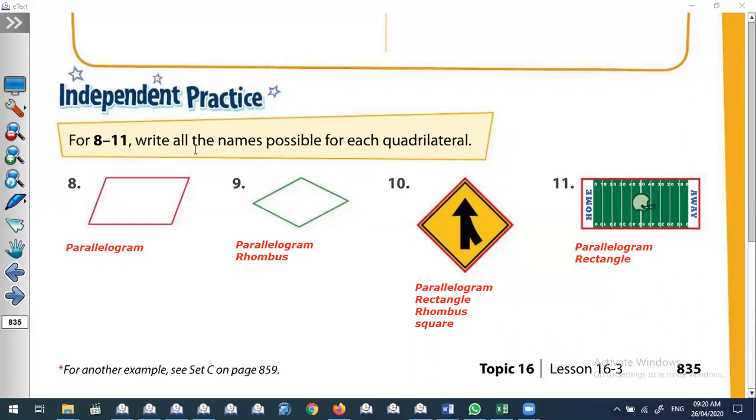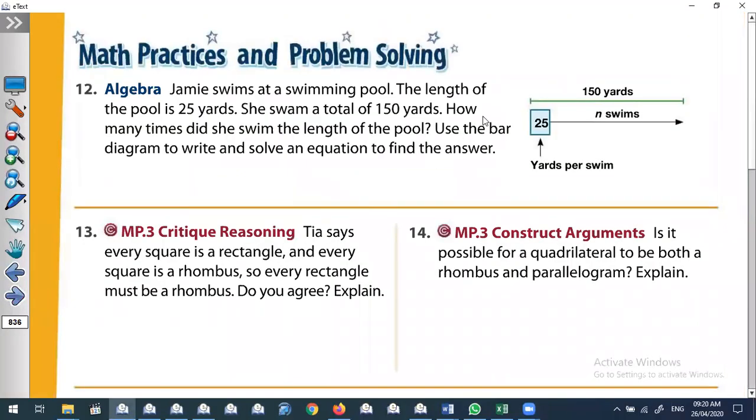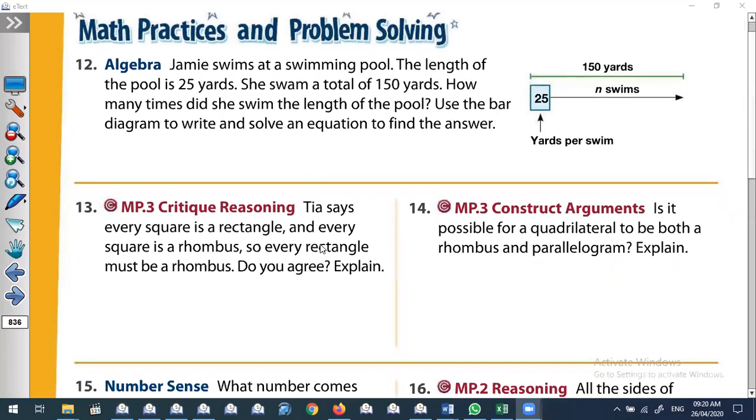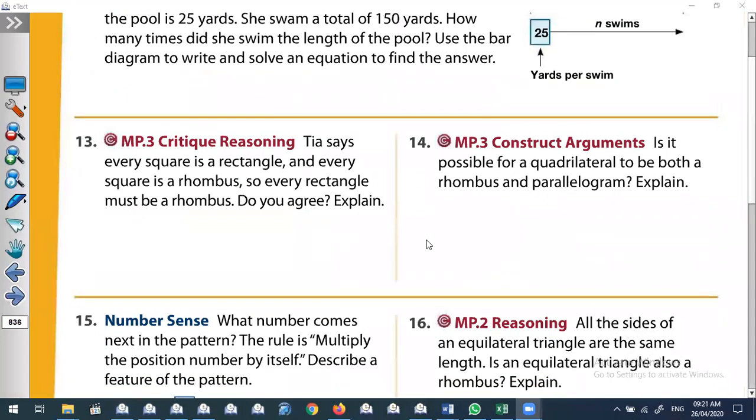Let's move to another exercise. Number 13. Thea says every square is a rectangle, and every square is a rhombus.